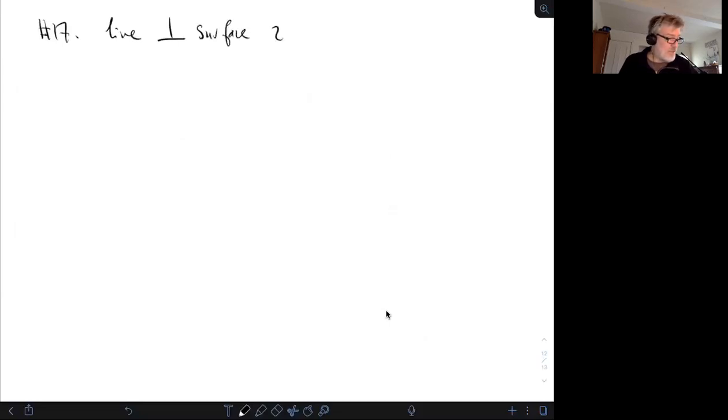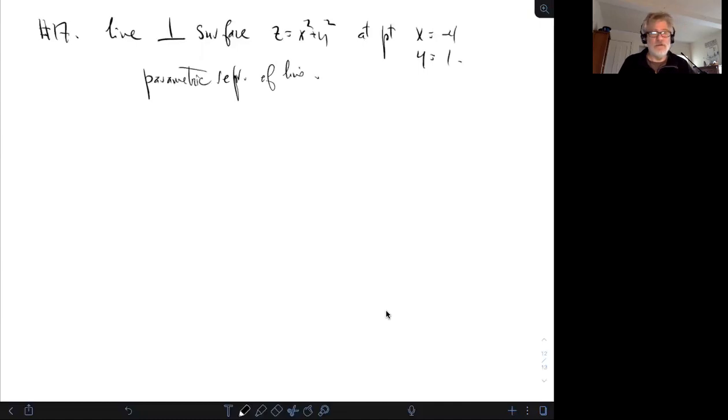Here I'm given z equals x squared plus y squared, at the point where x is minus 4, y equals 1. And they want a parametric representation of this line.